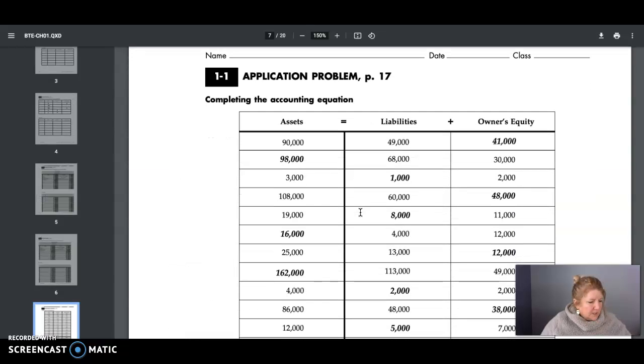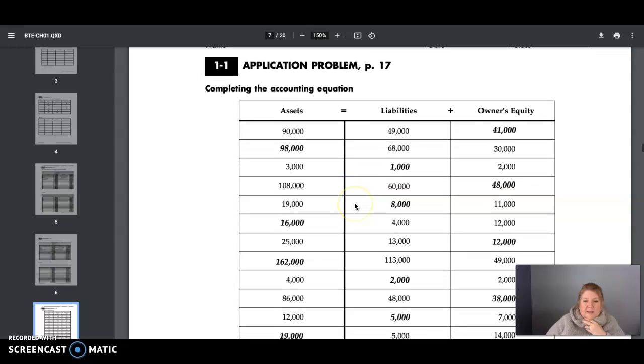So the first application problem in your book was on page 1.1, and it was, again, just all these problems that you had to do the subtraction for to make everything balance.